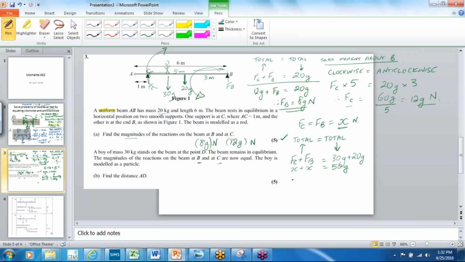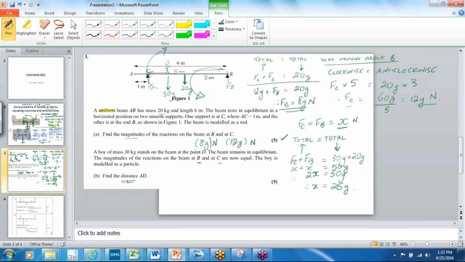Well, we can already find out, therefore, the force at C and the force at B, 2x equals 50G. Therefore, x equals 25G. So we know now we've got a force here at 25G, a force here at 25G. We just don't know where the boy is standing.